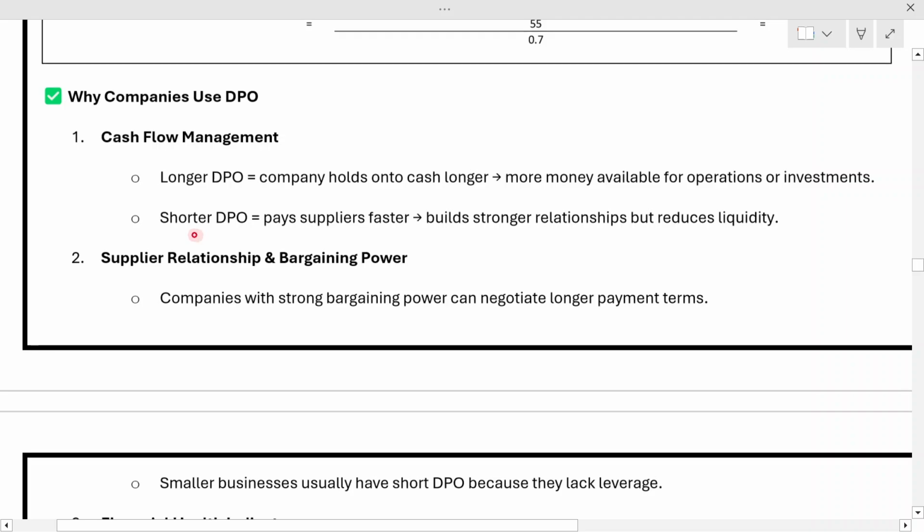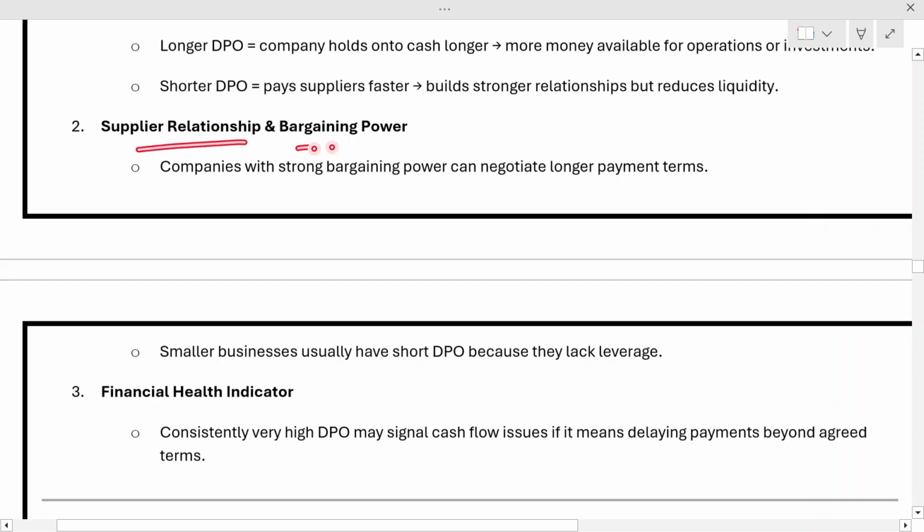And if the DPO is a shorter time, like 10 days, which means you are paying your suppliers in 10 days, it's like paying your supplier faster, which builds a stronger relationship with the supplier, but it reduces the liquidity of the company because the company now has lower cash available.